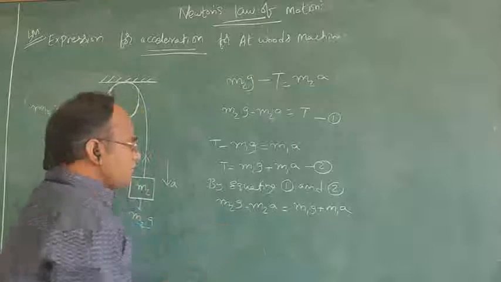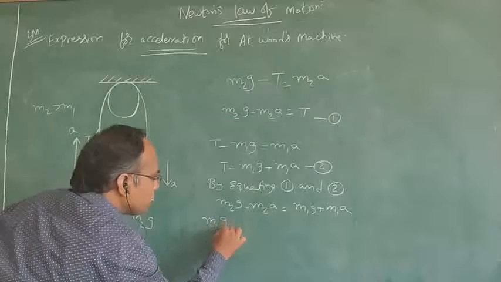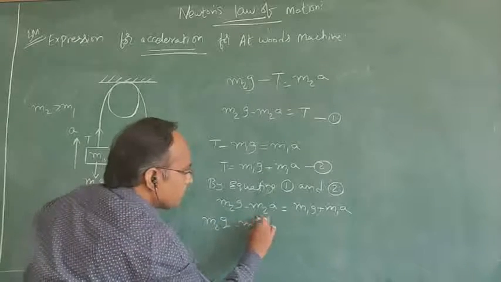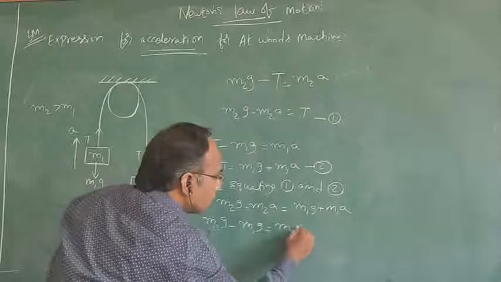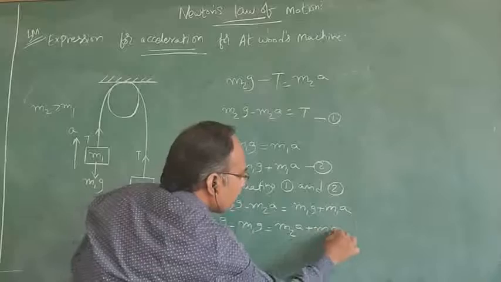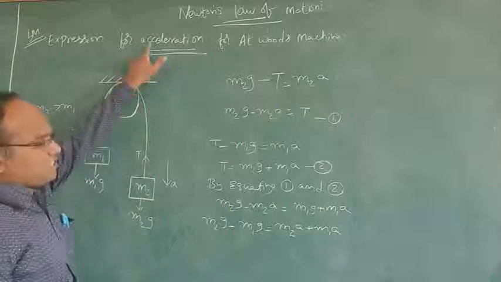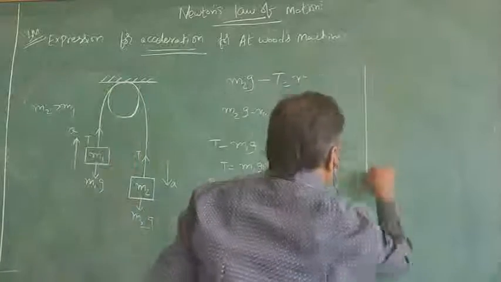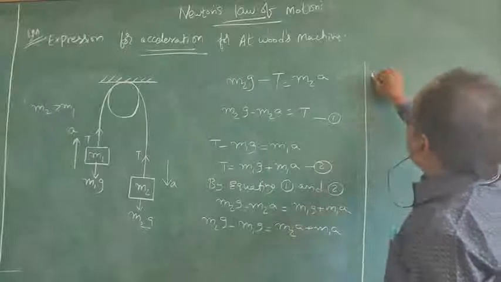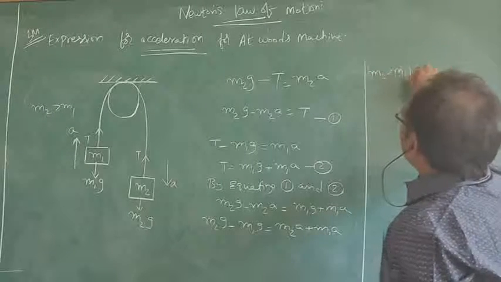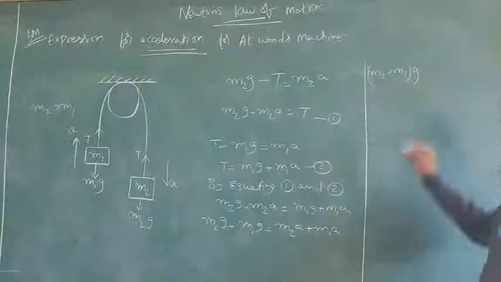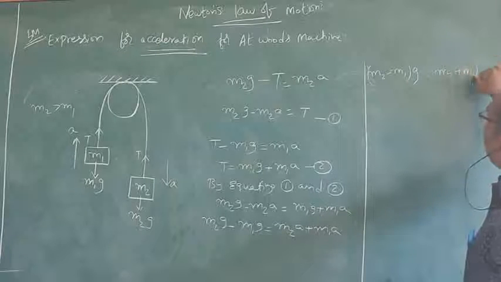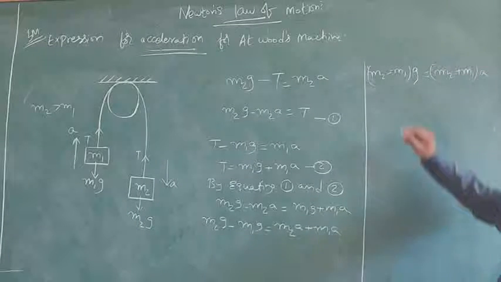Now here, M1g, if it comes here, what value should you write? M2g minus M1g is equal to, if M2A comes here, M2A plus M1A. The question is to find the acceleration, therefore we have to take A common. So M2 minus M1 into g is equal to M2 plus M1 into A. So what is the acceleration?